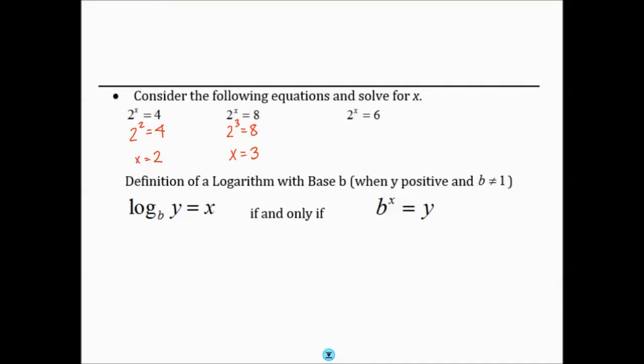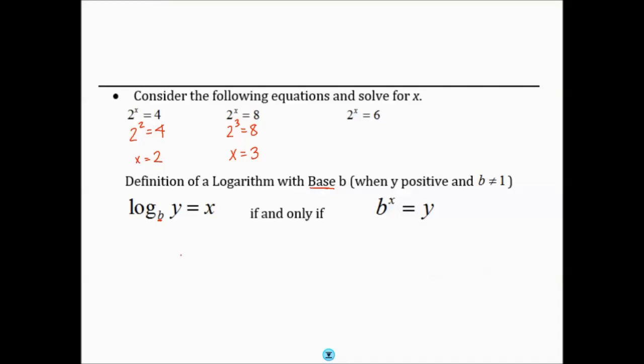So the definition of a logarithm with base b, remember that the base is the subscript, and y has to be positive because if you remember from when we graphed, the domain of a logarithmic function was from 0 to infinity, and b cannot equal 1, so the base cannot be 1.